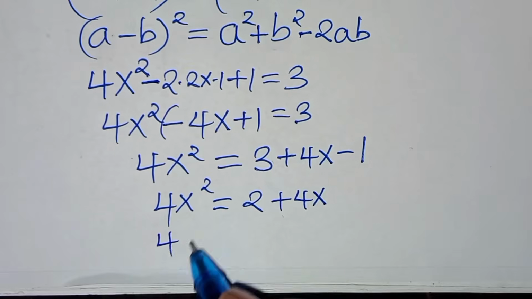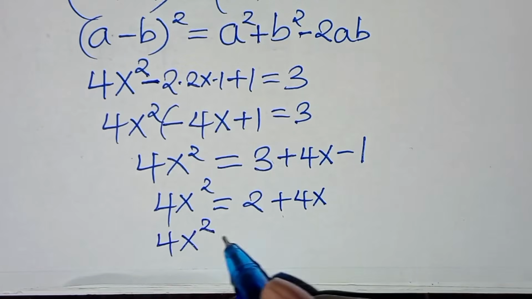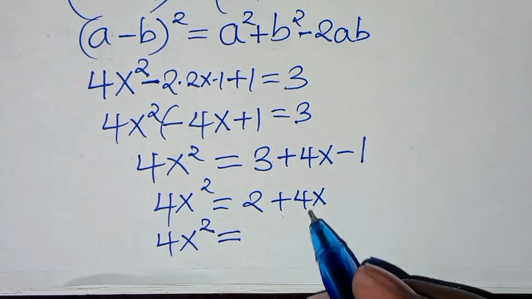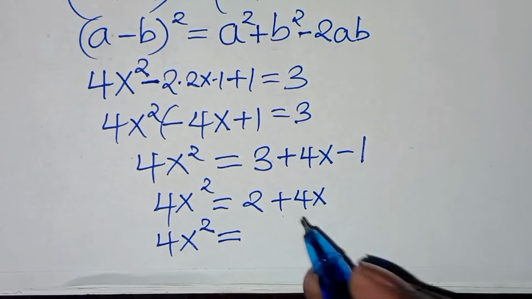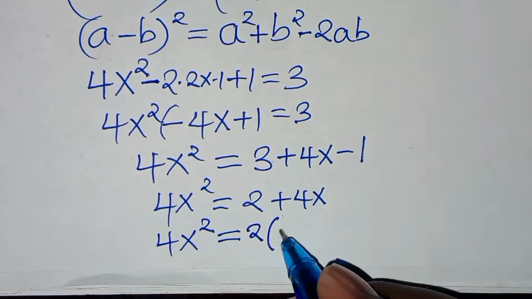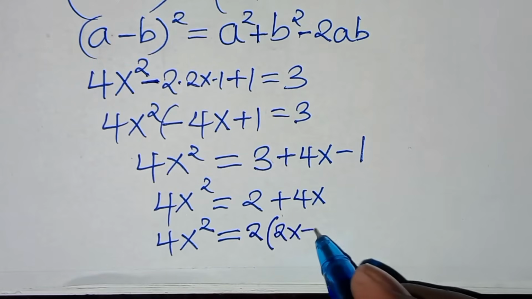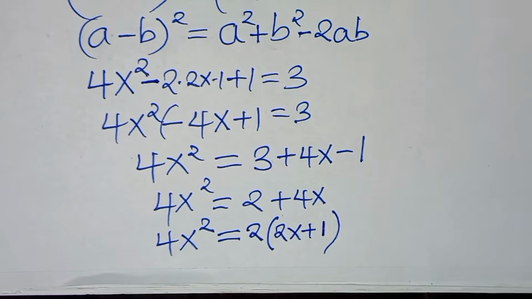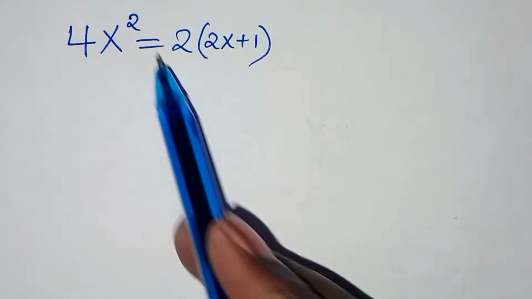So now from here, we have 4x squared, and this we can express as, now you find that 2 is common here, so we can factor out 2, so that here, this is the same thing as 2x plus 1. So let's proceed. We have 4x squared is equal to 2.